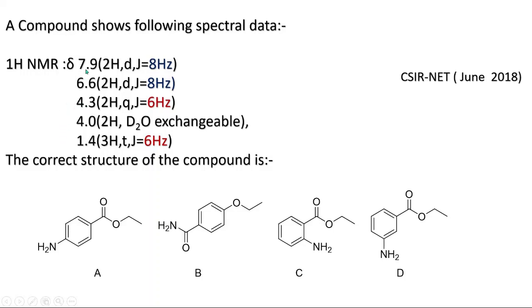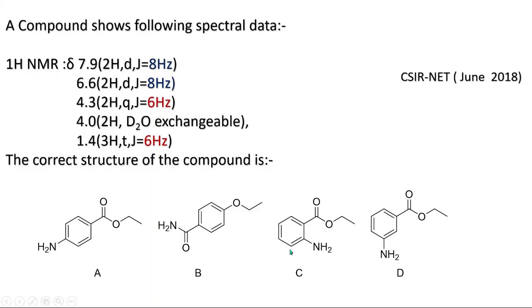Now we have two types of protons in the aromatic region. Now we will check one by one how many types of protons are in my aromatic region. In compound A, there are two types of protons. These two will give one signal, these two will give another signal. In this molecule also, these two will give one signal and these two will give another signal. In compound C, we have 4 signals in the aromatic region.